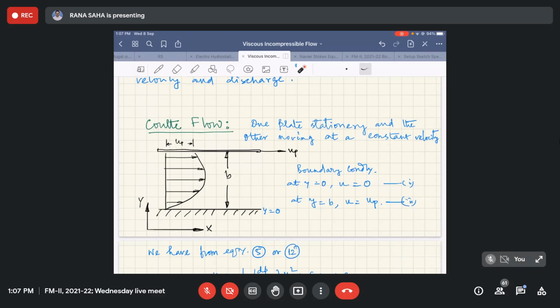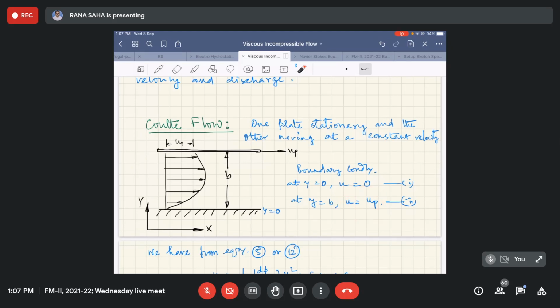Because one plate is moving with respect to the other at a constant velocity up, we have at y equals b, as per the reference frame we have chosen, u equal to up instead of u equals 0 by the no slip condition.